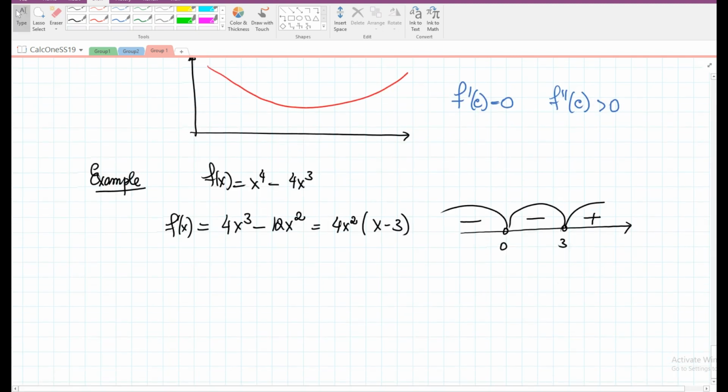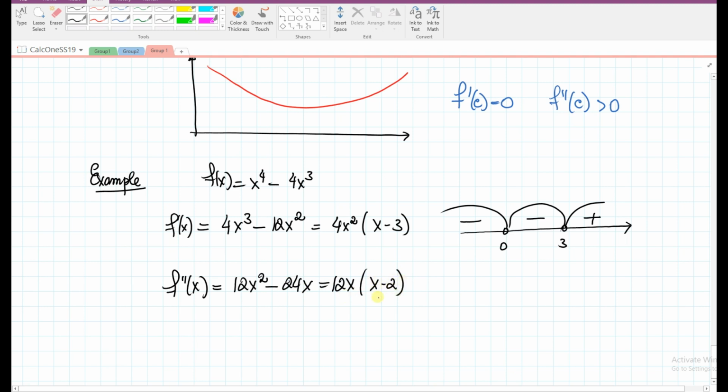So let's find the second derivative of this function. What is the second derivative? It is 12x squared minus 24x. We can take 12x out of the brackets, and what is left is x minus 2.